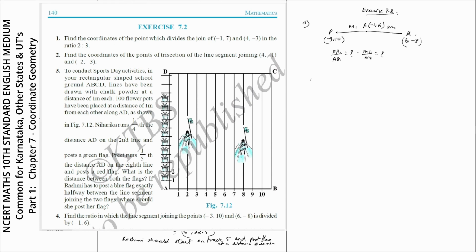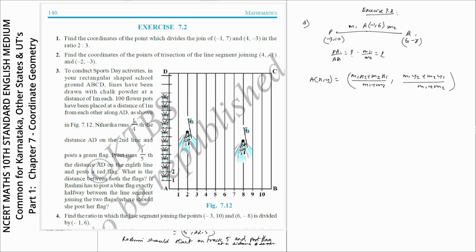Section formula is given by A of x, y: M1 x2 plus M2 x1 by M1 plus M2, comma M1 y2 plus M2 y1 by M1 plus M2. This is the section formula.